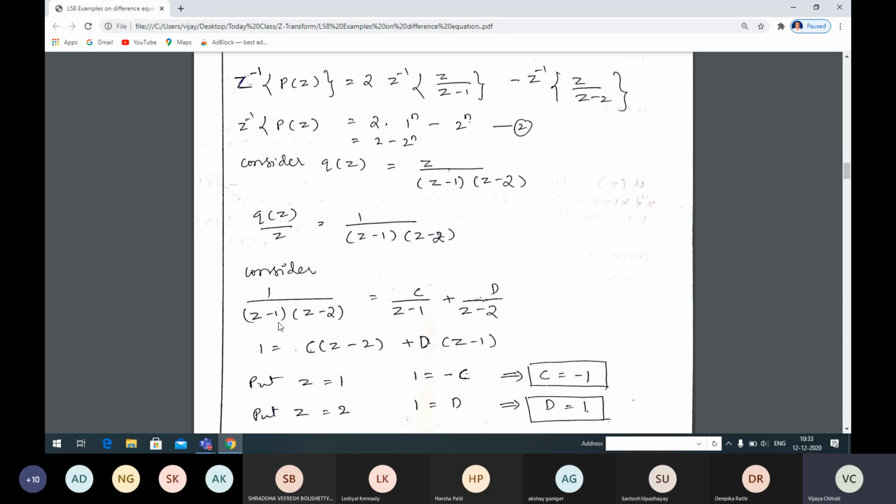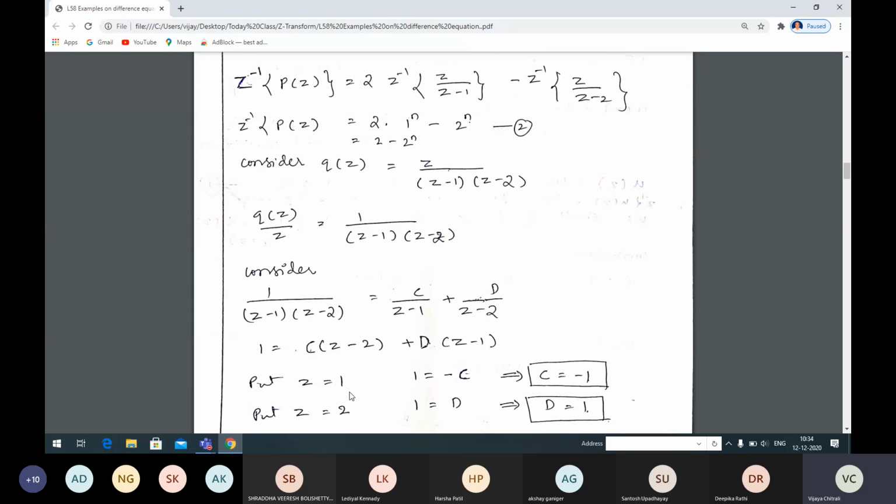We can write this as c divided by z minus 1 plus d divided by z minus 2. Taking LCM and cancelling the denominator on RHS and LHS, we get 1 is equal to c into (z minus 2) plus d into (z minus 1).